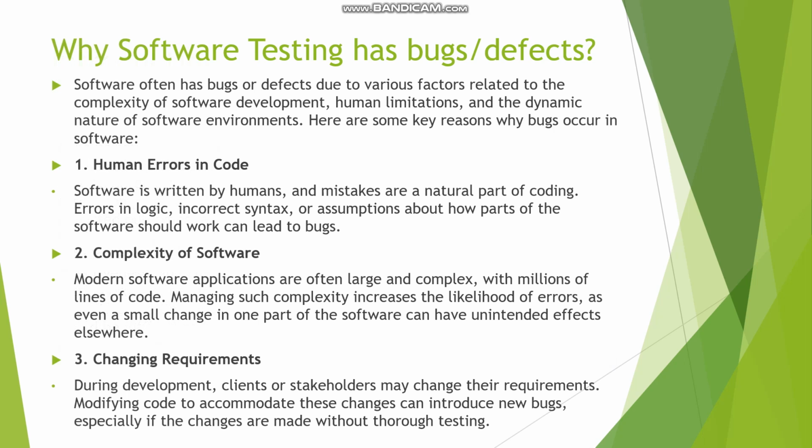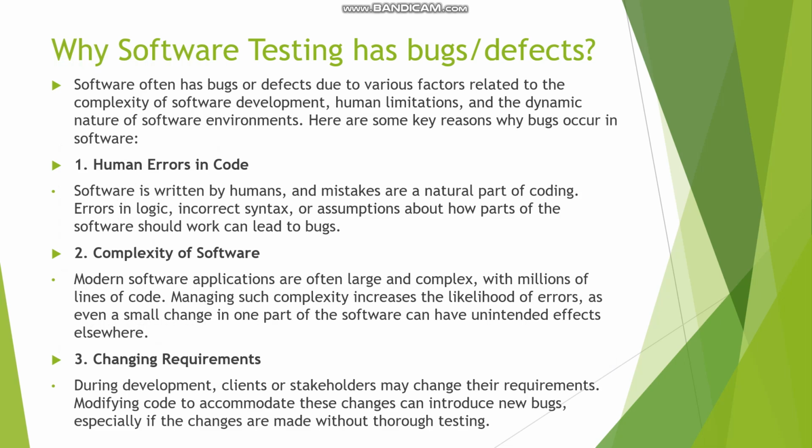Now, why does software have bugs or defects? Every software has bugs and defects, but why? Software often has bugs or defects due to various factors related to the complexity of software development. Here are some key reasons why bugs occur in software.